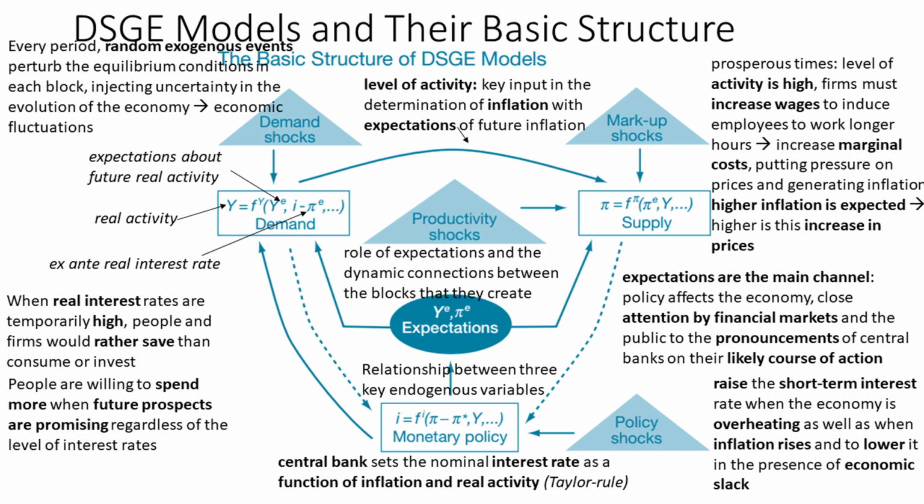And yeah, this is the description of the DSGE model. We can see that there is a demand side, aggregated demand, there is an aggregated supply side, there are productivity shocks, demand shocks, markup shocks, and also policy shocks from the side of monetary policy.